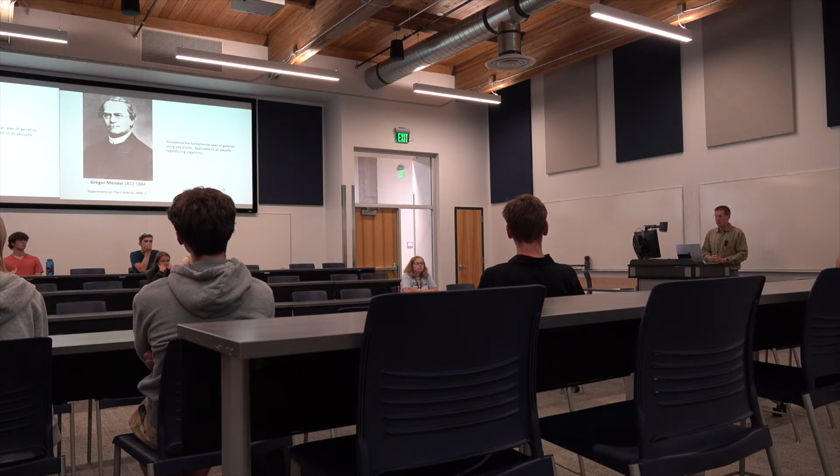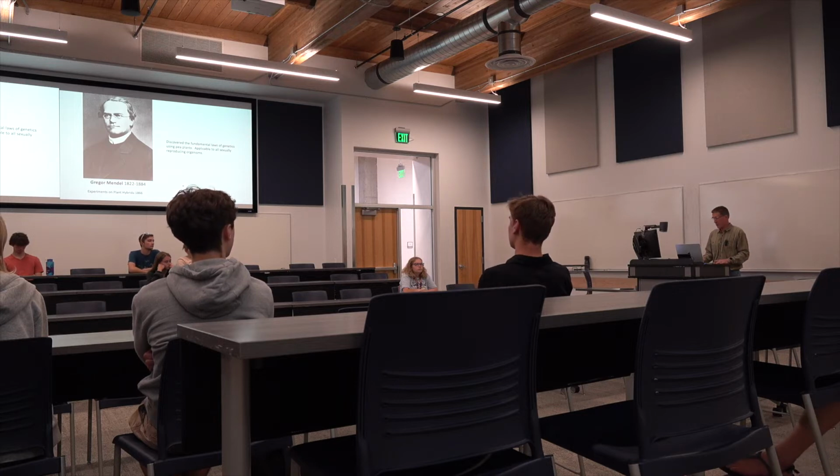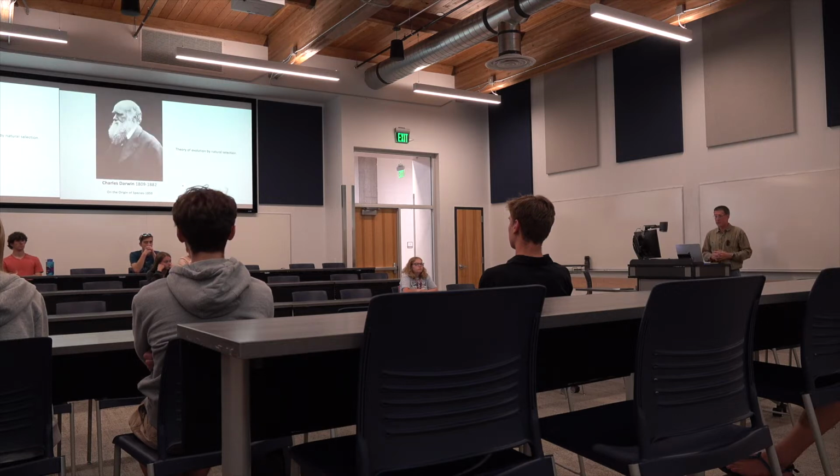Unfortunately, the significance of his work was not recognized in his own lifetime. It wasn't until about 30 years later that his laws were rediscovered by others, but then it was figured out that, wait a minute, this guy had it all figured out 30 years before. Unfortunately for Mendel, but he is now recognized as the father of modern genetics.